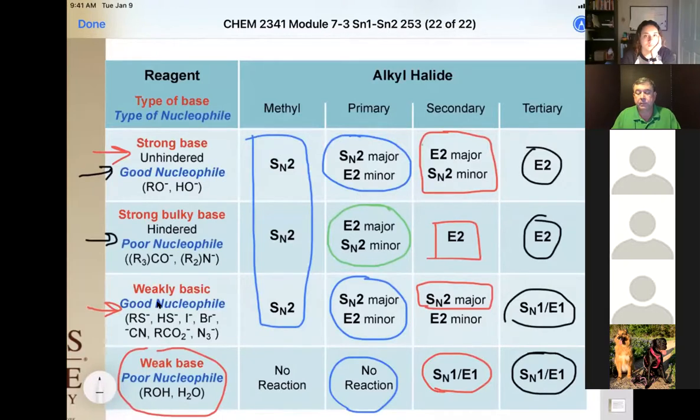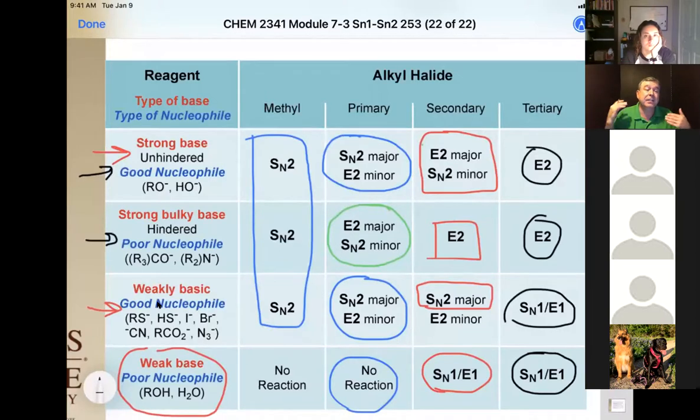Okay, so what I'm hoping you're seeing is a pattern here, okay? Strong bases that are big and bulky are going to do elimination reactions except on methyls and primaries because of sterics. Okay. Weak bases are going to have substitution products be your major product because they're weakly basic.